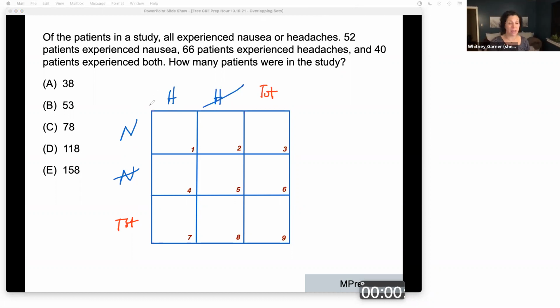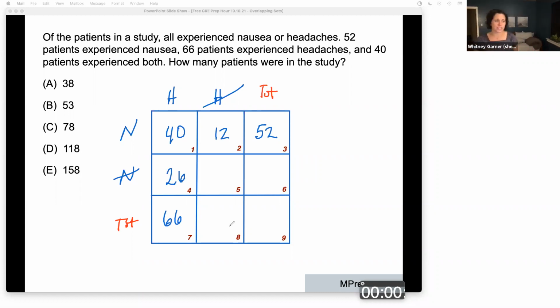So if 52 patients experience nausea, I'll find my total number of people who had nausea. And if 66 had headaches, so that'll be my total for headaches, and 40 had both. Well, I can come across, I know that this would be 12 here, and down here, this would be 26.